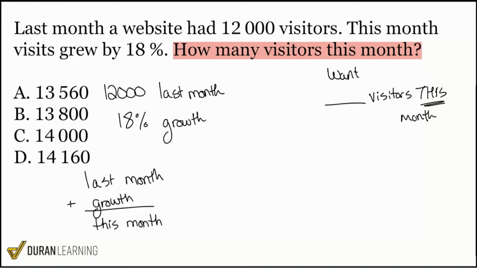Now, there are two ways that we can do this. As you may have seen, if you're in this lesson, with how we calculate those final amounts, sometimes we work with the values and sometimes we work with the percentages. We can go either way here. So if we think in terms of percentages, last month is the original amount, which would be 100%. The growth was 18%.